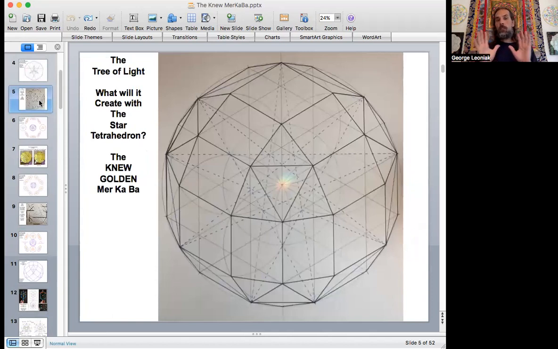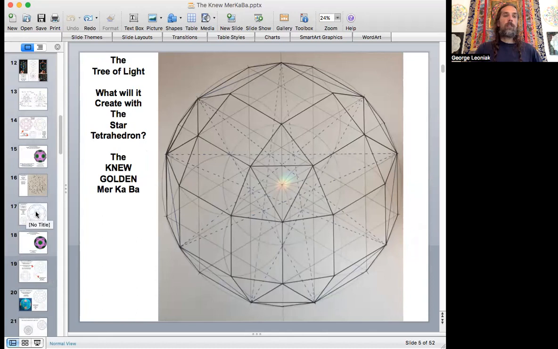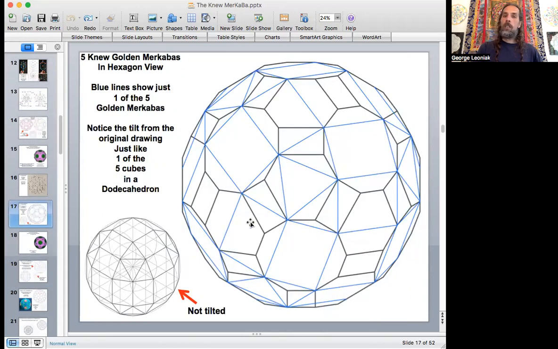And there it is, oriented straight on to you, because this is based on a cube facing us, just like we'd normally see it, kind of hexagon oriented like this. But once we get into 5-fold symmetry, it's so much easier to draw it in the golden seed of life, and that's why the icosahedron and dodecahedron, drawn with this system of the golden circles, will orient it this way. We can do it this way.